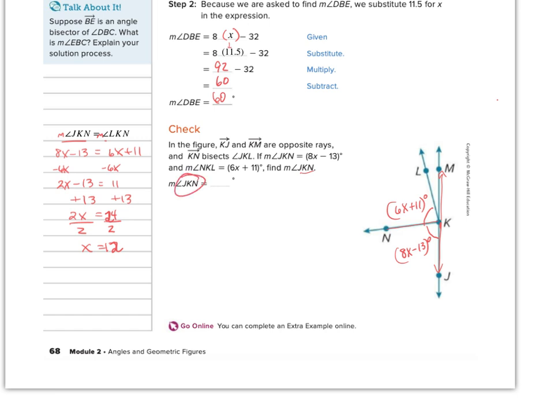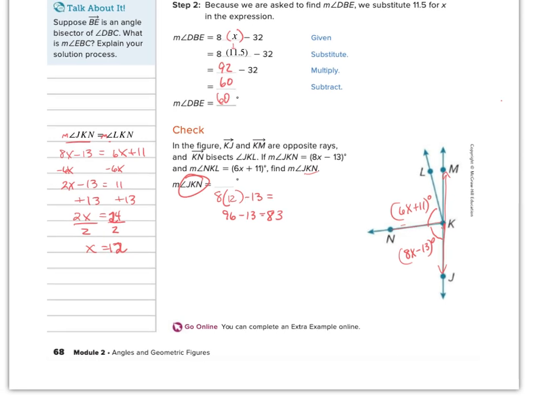Well, JKN I know is equal to 8 times 12 minus 13. 8 times 12 is 96, 96 minus 13 should be 83. 83 degrees.